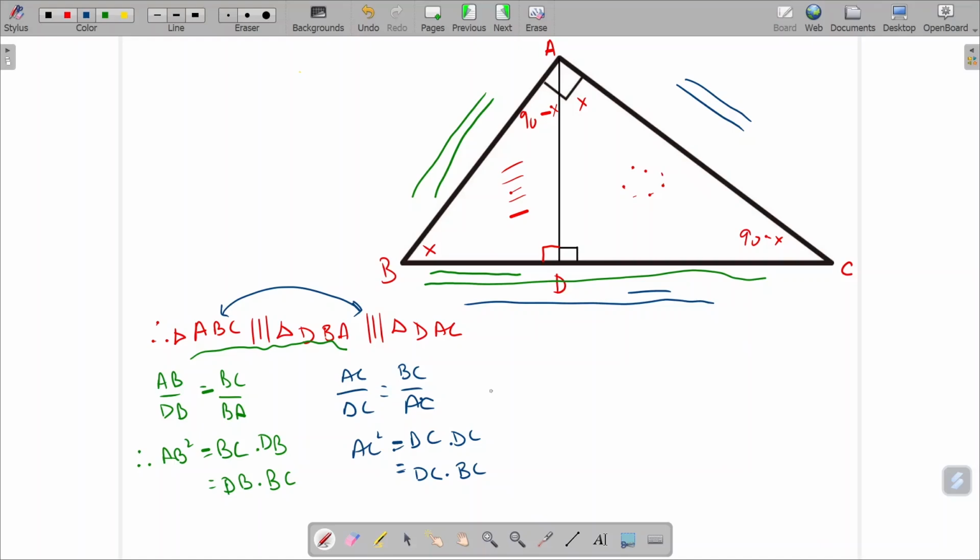So we have a very interesting proportion here where we've got AB squared equaling a product, and AC squared equaling a product. We will use this in the next slide to actually formally prove Pythagoras' theorem.